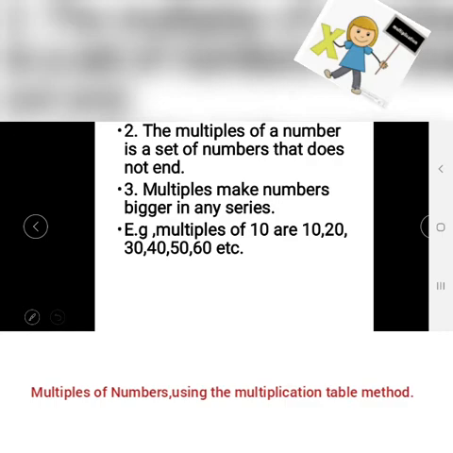Number 3, multiples make numbers bigger in any series. Let's look at these multiples of 10. You have 10. It increased to 20, 30, 40, 50, 60. The next number should be what? 70, 80, 90, 100, 110, 120, 130.